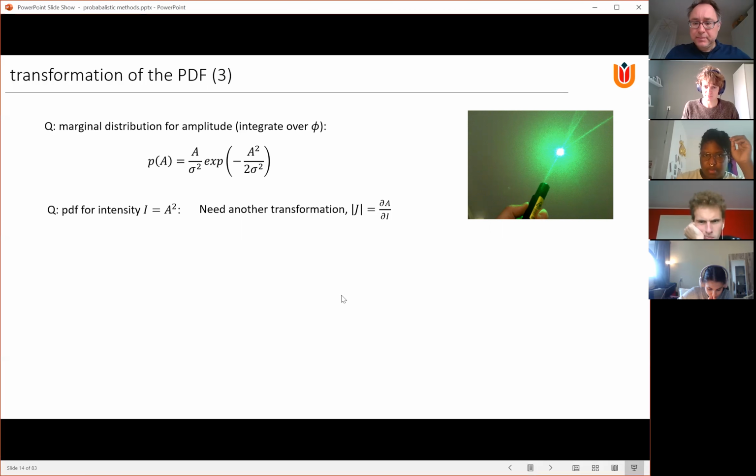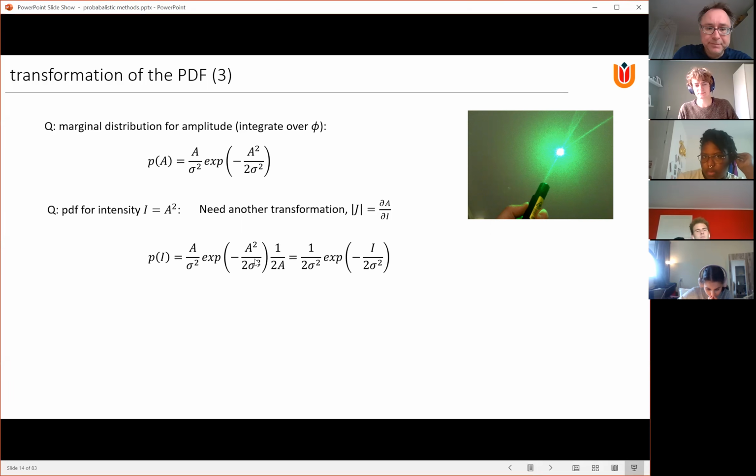And then you find that the amplitude in front of the exponential drops out due to the Jacobian and the substitution. And in the exponential, you're left with a minus I. So this is then the result that I got.